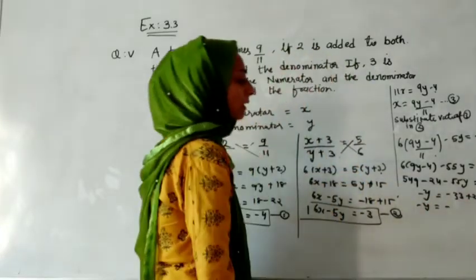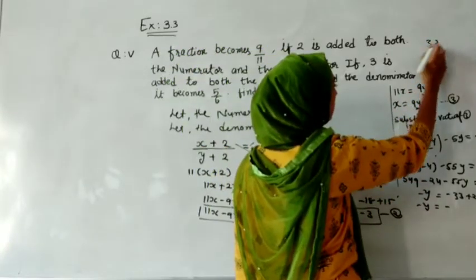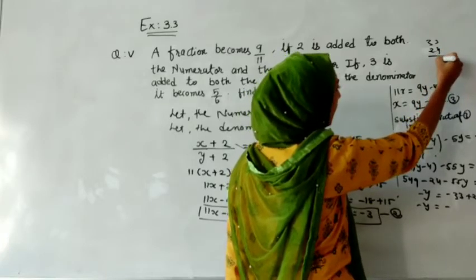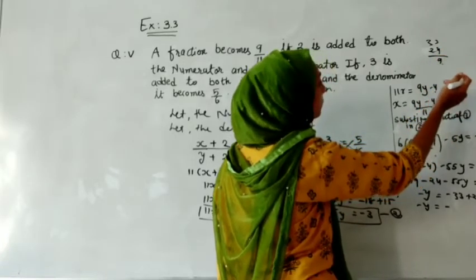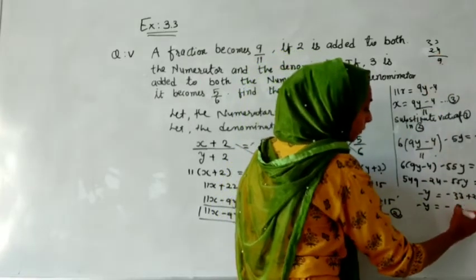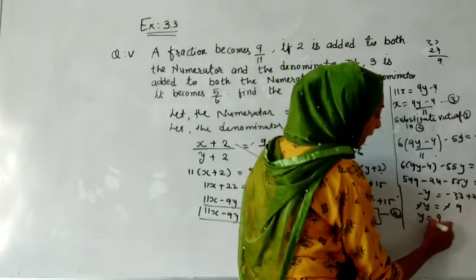Now we have to subtract 33 minus 24. So it will become 9 remaining. Here the symbol of the greater number again we have to write minus, so our y will become 9.